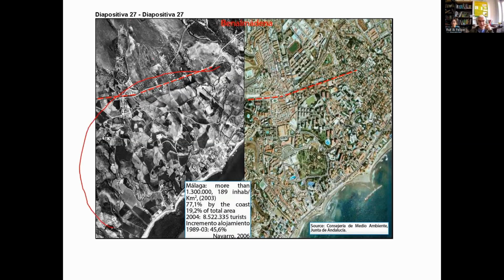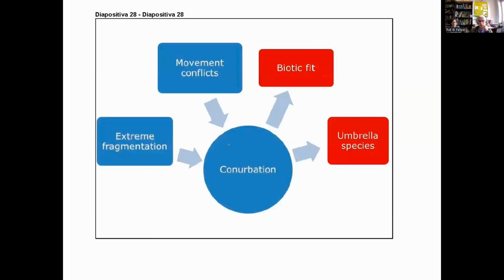This is the aspect of the land in 1954, so 18 years ago, and this is the land that you have here now. So a huge impact on biodiversity in very rapid steps.